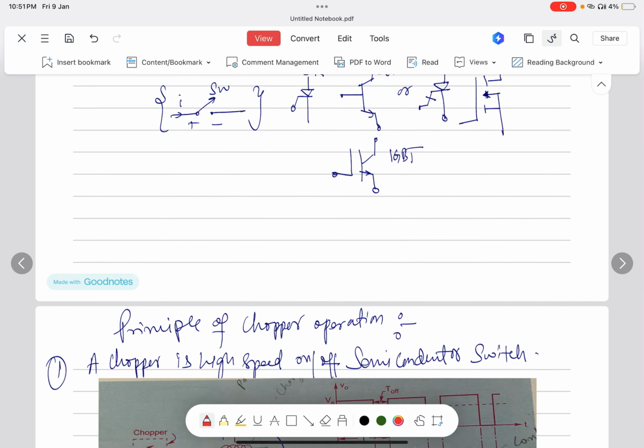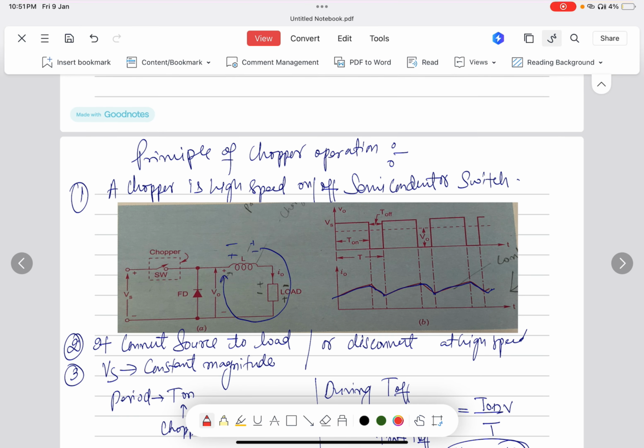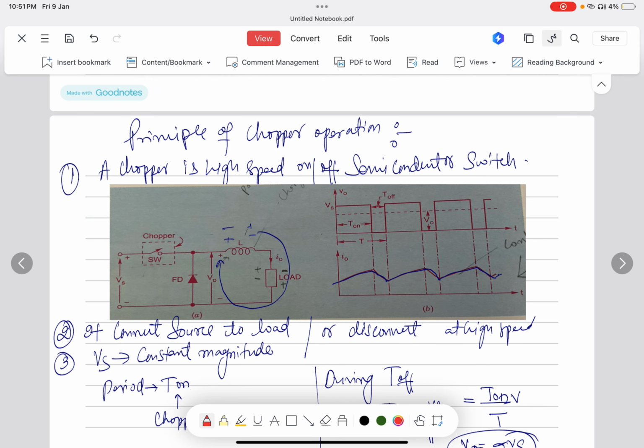So we will discuss here the principle of the choppers. I have written it point wise. As you can see in the diagram here, Vs is the source voltage, SW is the switch. How can we represent the chopper? In examinations they often give various symbols and you have to select which one is the chopper. It is a dotted rectangle.